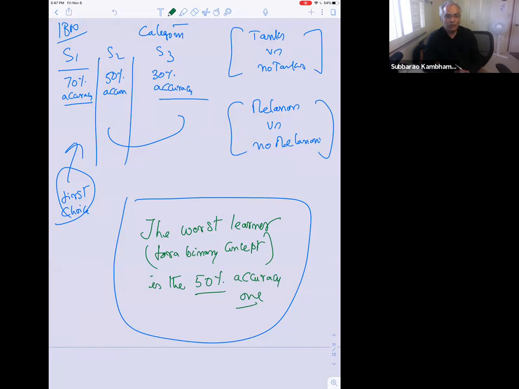It's better to be egregiously bad, so that I just do the opposite of what you're saying and I'll be more right. The equivalent of this is a clock that's stuck is right at least twice a day, whereas a clock that is 10 minutes fast is never right. Do you see what I'm saying? So it's very important to understand.